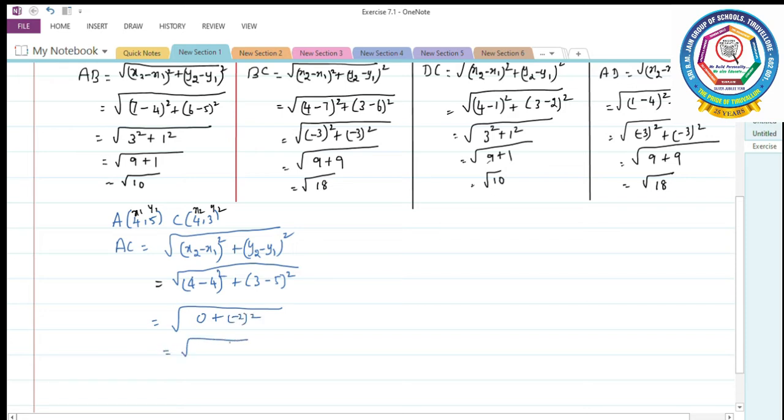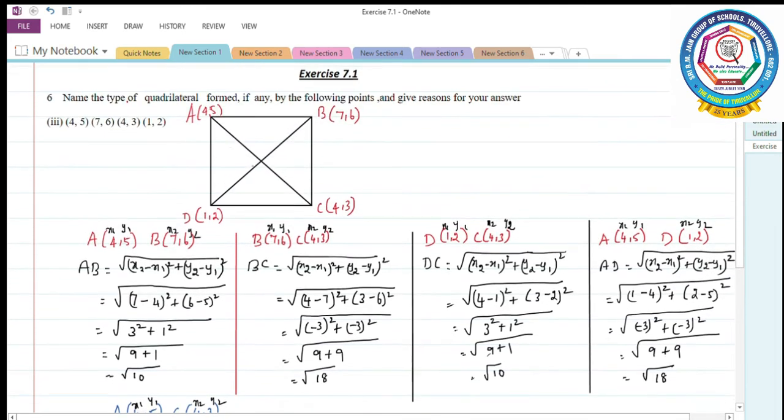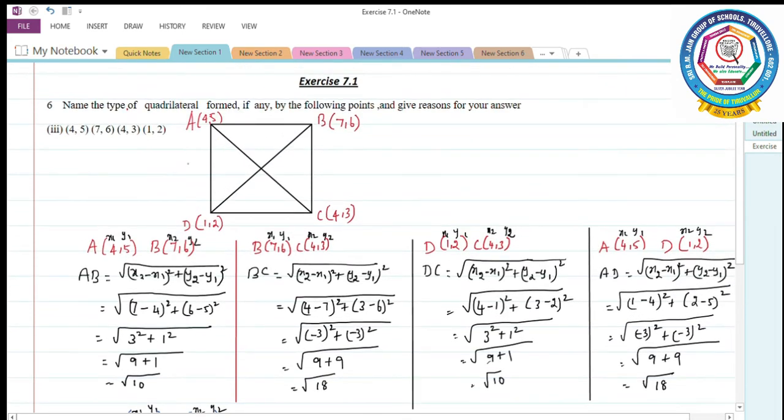Then square root of (minus 2) the whole square, 4, 4 plus 0, 4. Square root of 4 is equal to 2. Next we have to find the distance between BD. So what is the B coordinate given here?